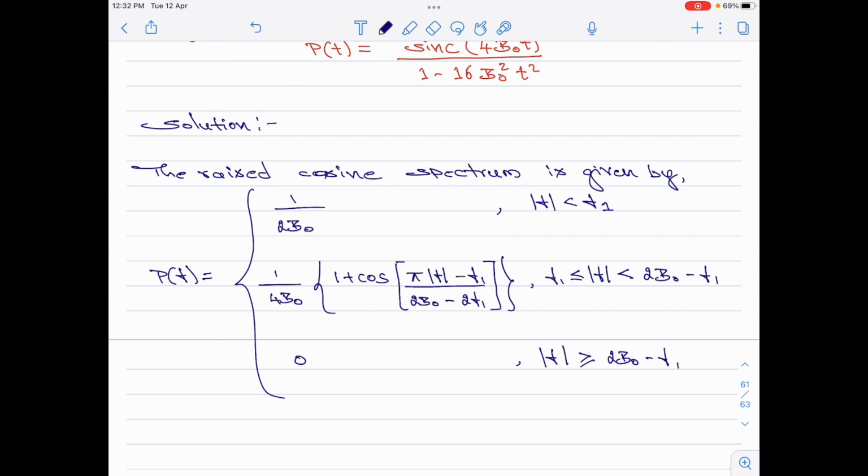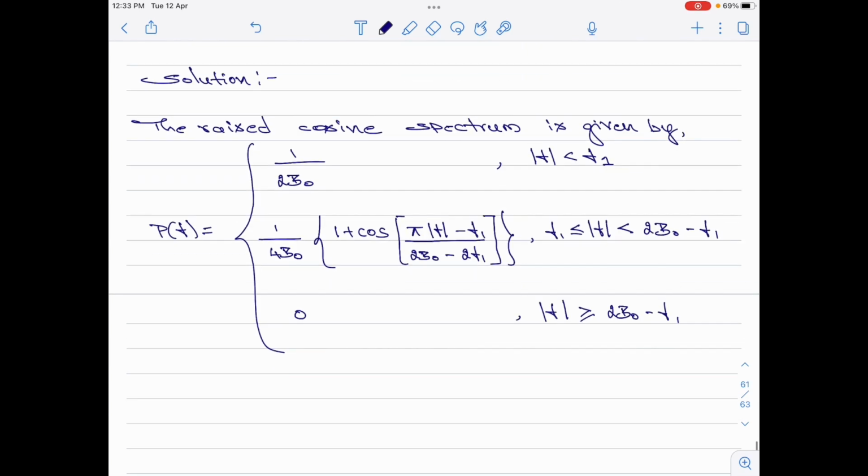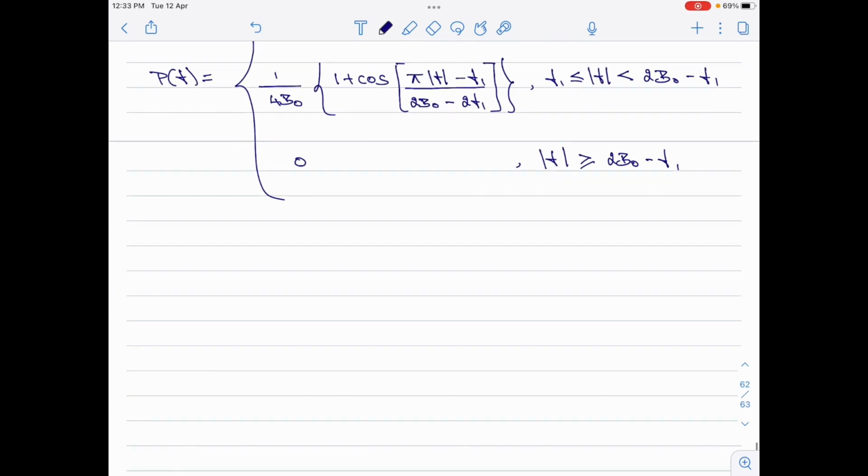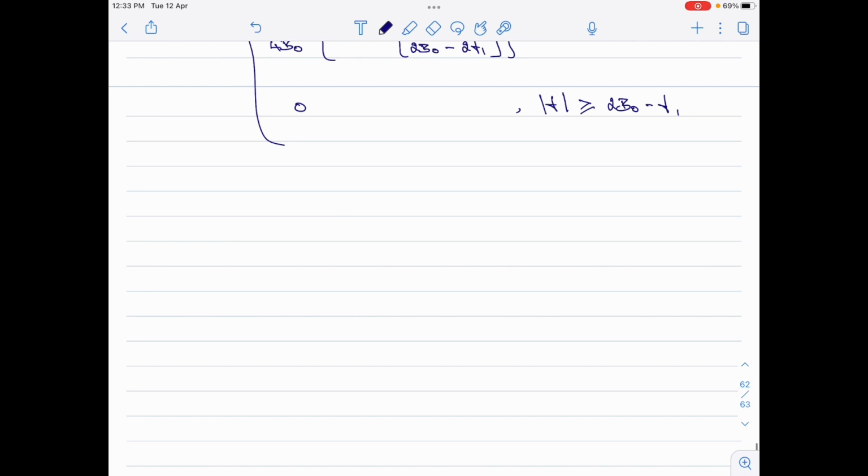As you can see, it has a flat portion for values of frequencies less than f1, and for frequencies from f1 to 2b naught minus f1 there is a rolling factor, and for frequencies greater than 2b naught minus f1 it is equal to 0. Let me now sketch this spectrum and show you how this would appear.